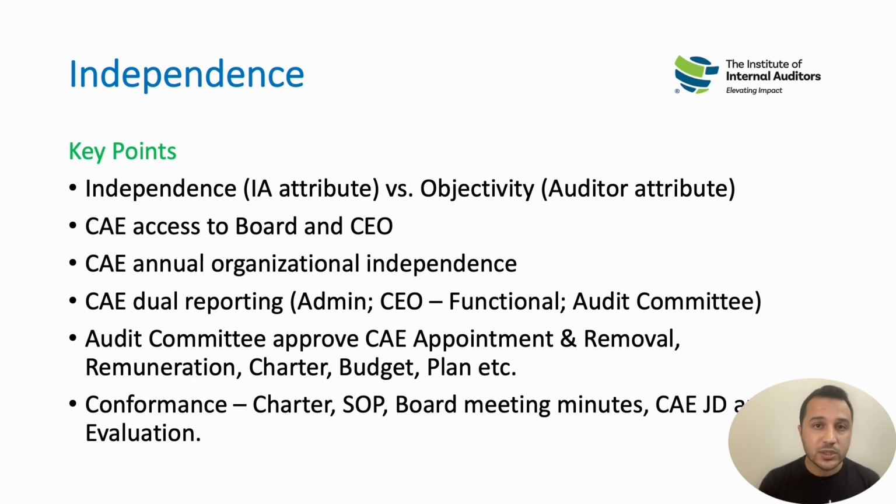So you need to be very clear in your mind about this distinction: when we talk about internal audit independence, we talk about it at the department level, and when we talk about objectivity, it is more an individual auditor attribute.